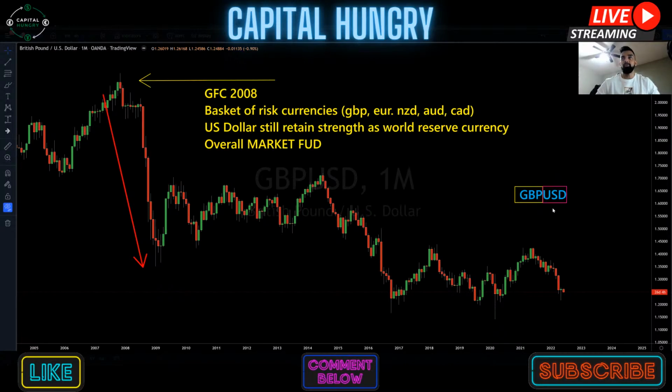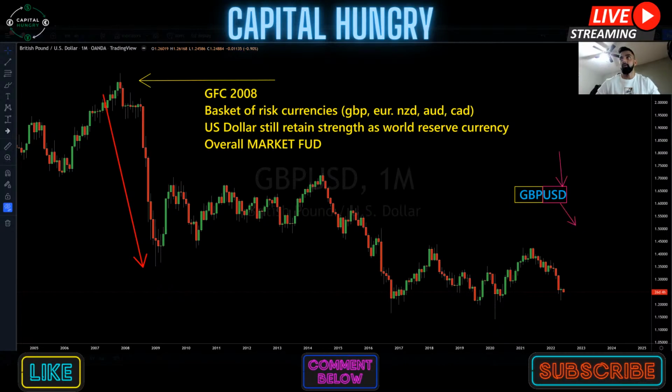So US dollar always dominates regardless of what currency pair it's in, unless you have something individually fundamentally impacting the other currency that can overpower dollar domination. But from a macro standpoint and a higher time frame standpoint, dollar dominates for that fundamental reason.